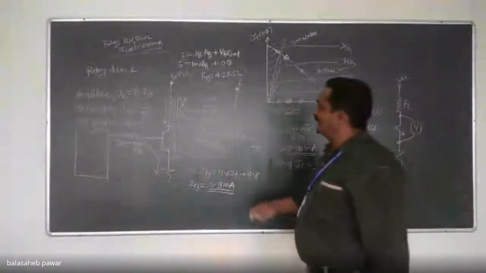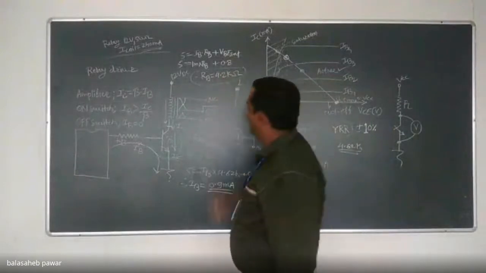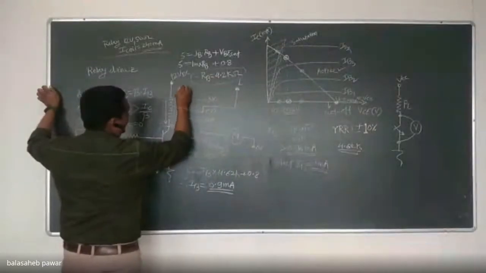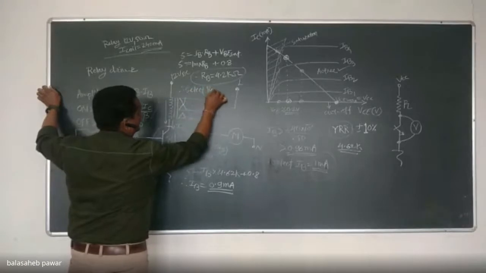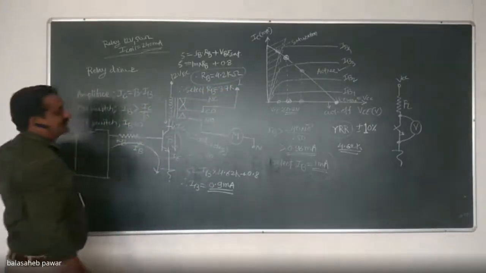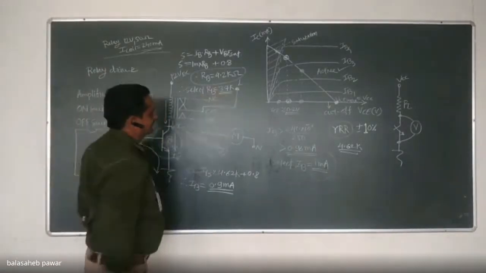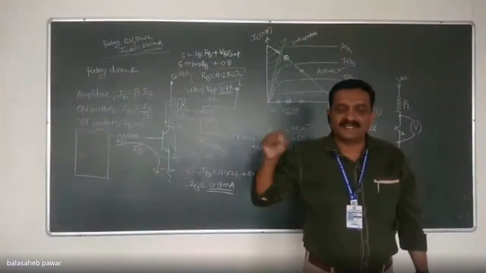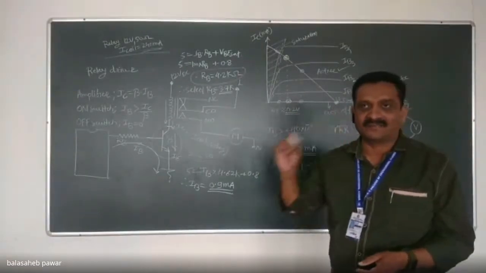Okay. So what will you do now? Instead of selecting the exact value as per the calculation, suppose I select RB equals 3.7K as a standard available resistor in the market.